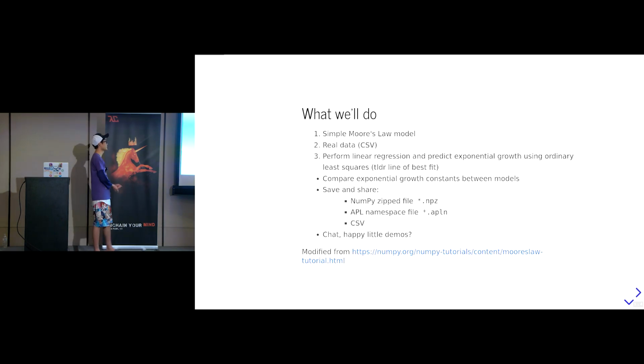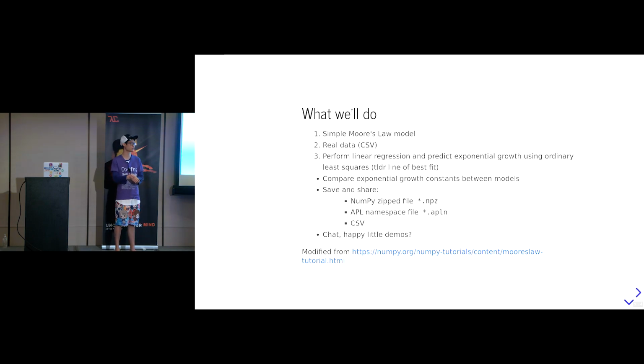So what are we doing? Well, I'm just picking a simple Moore's law model. So that's a math formula. Number 2 is some real data from a CSV. Then number 3 is some math. Long story short, I'm finding a line of best fit from the CSV data. So we'll do some comparisons between these models.